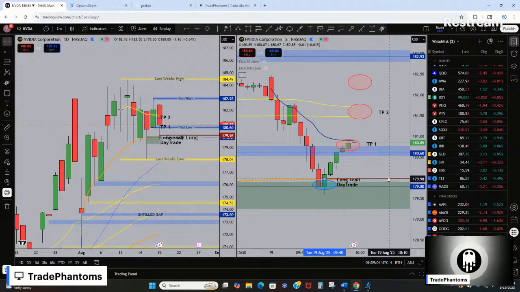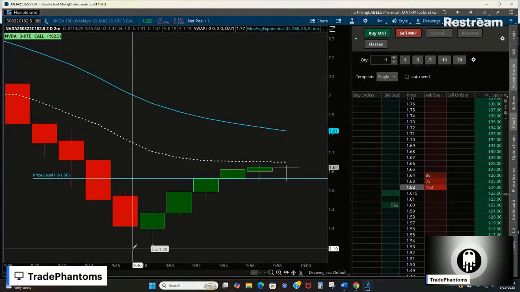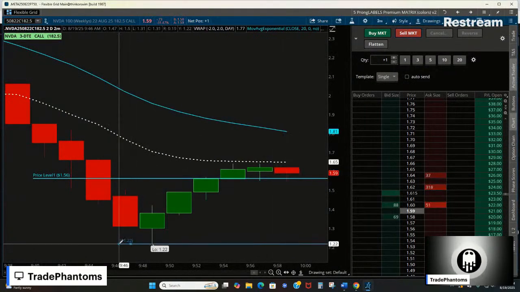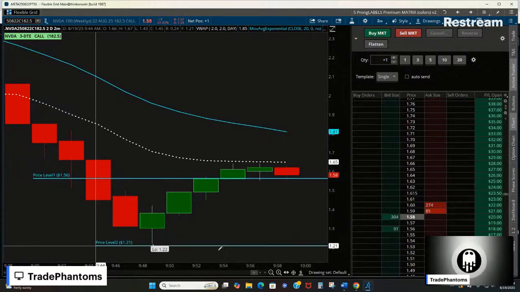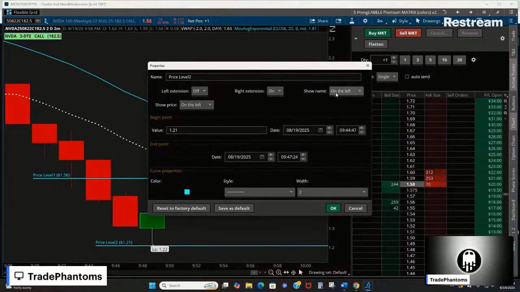Now, if you're doing the option, of course, theta decay might take you. You may give some back. But you're talking about stop loss 122 if this were to make a new pivot low down here. This is the premium chart here, 122 in terms of the price point on premium.